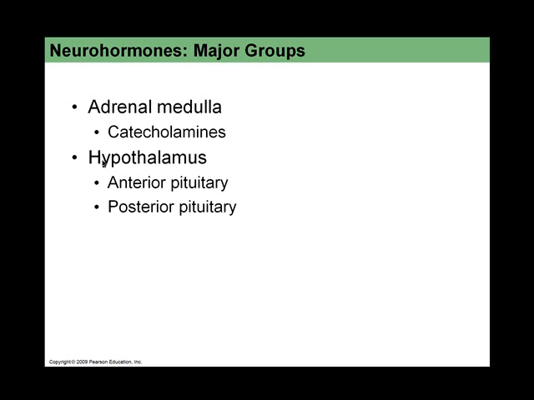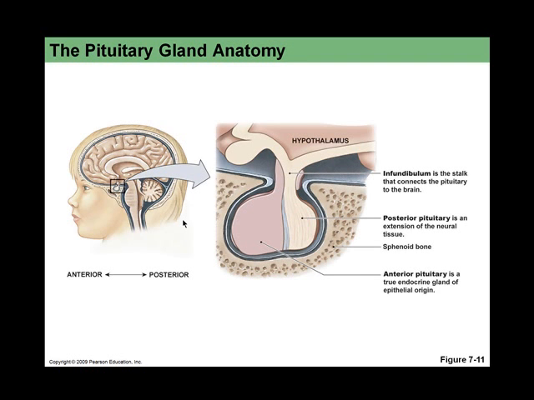And then at the hypothalamus, there will be neurohormones that will regulate the anterior pituitary and be released directly at the posterior pituitary. So we'll look at the anatomy of the hypothalamus and the pituitary to understand the distinction between these 2 systems.